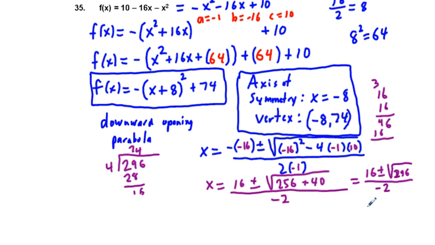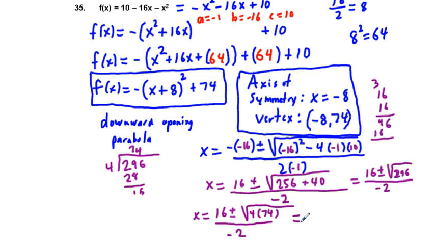So x equals 16 plus or minus 4 times 74, all over negative 2.